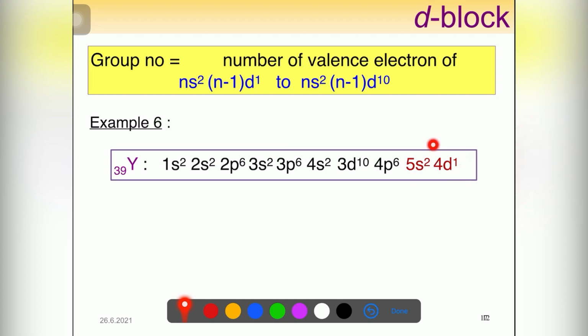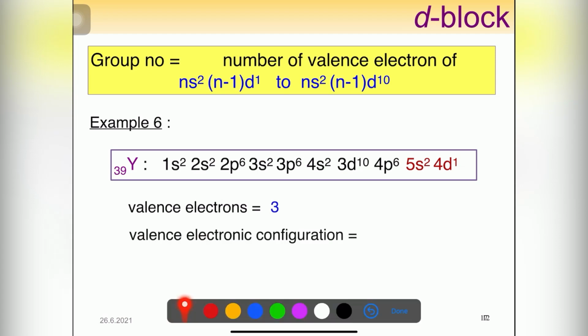The electrons occupying orbitals 5s and 4d are valence electrons. The total is 3, so there are 3 valence electrons, and it is in group 3.